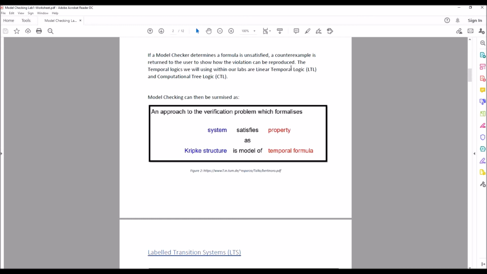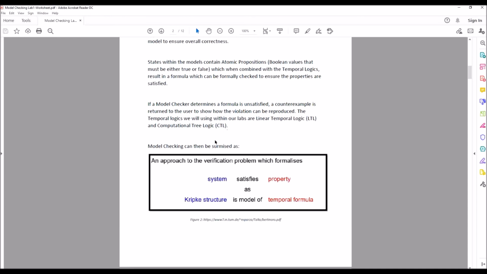So you're able to actually reproduce and show in your model where your issues are. The temporal logics we will be using within our labs are propositional linear temporal logic, PLTL, and computational tree logic, CTL. We will go through these in a later section.